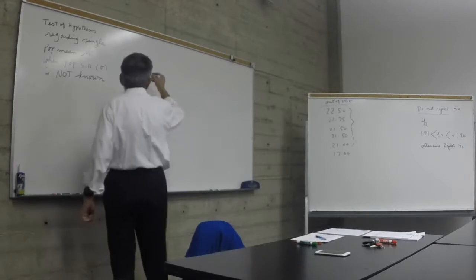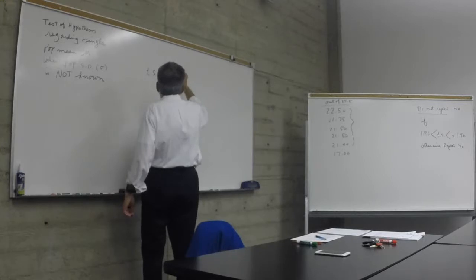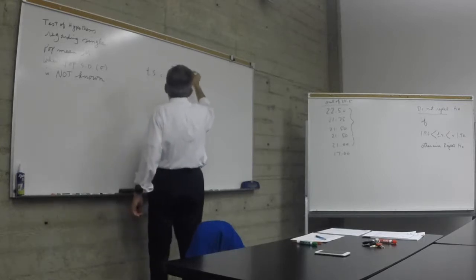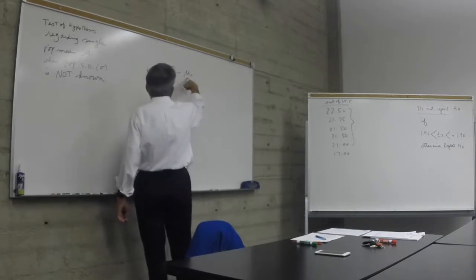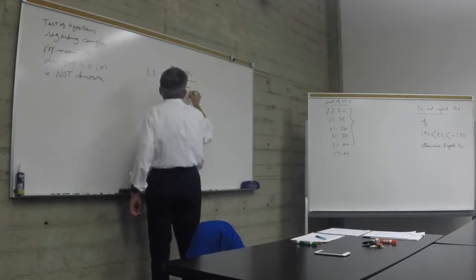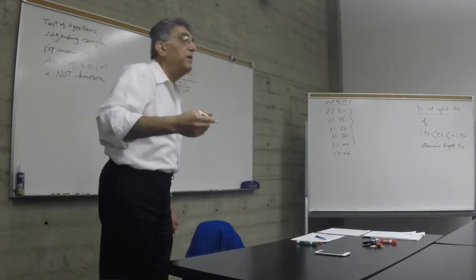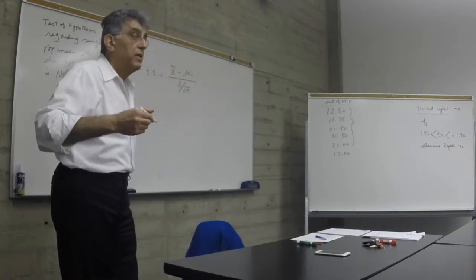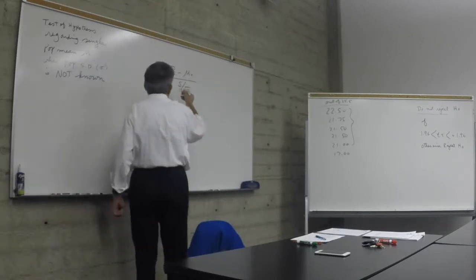And the test statistic is going to be X bar, the sample mean, minus mu sub 0, which is the hypothesized value of mu under the null hypothesis, divided by S over square root of n. Because sigma is not known, we substitute for sigma its best estimate, which is the sample standard deviation.